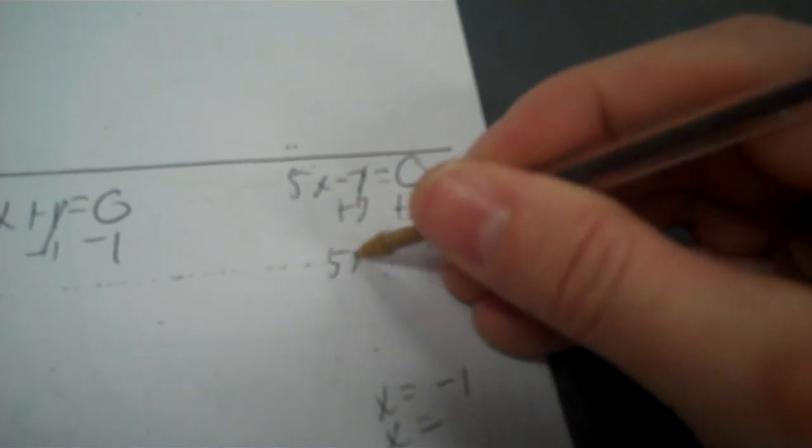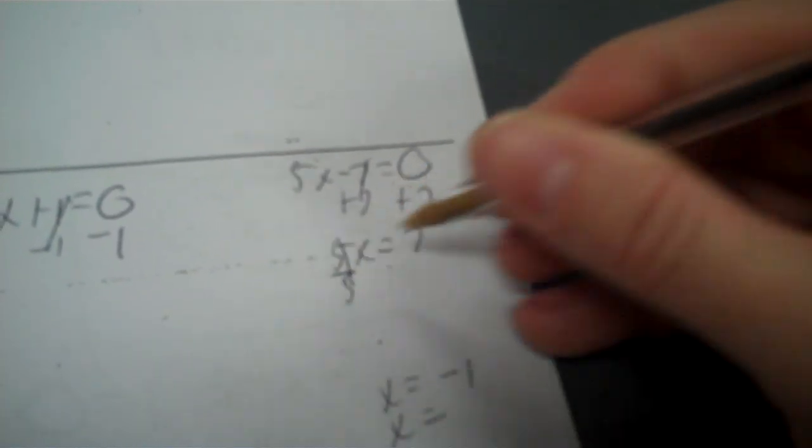Didn't do anything in the GCF box, equals 0. So x plus 1 equals 0, 5x minus 7 equals 0. So I subtract 1, I get negative 1. I don't need to divide here. Add 7, and then divide by 5. 7 divided by 5 is 1.4, so you can put 7 over 5 if you want, or 1.4. Okay, 2 answers.